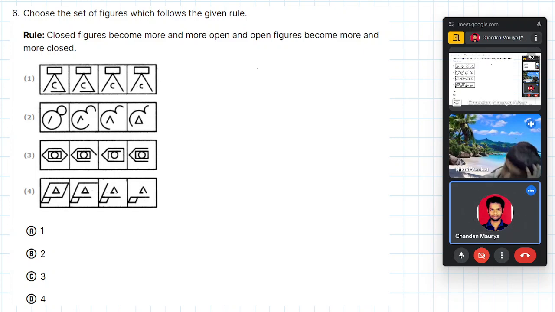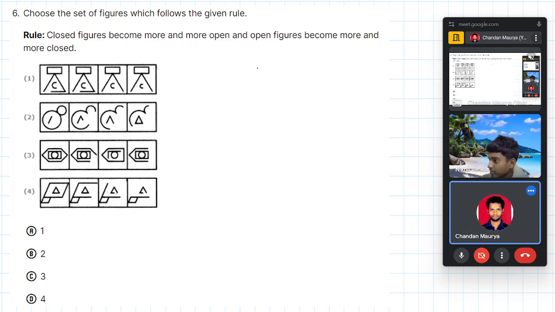I think it is the second one. It might be wrong, because in the third one, in the inside rectangle, I cannot see any changes. So I cannot go with the third also.